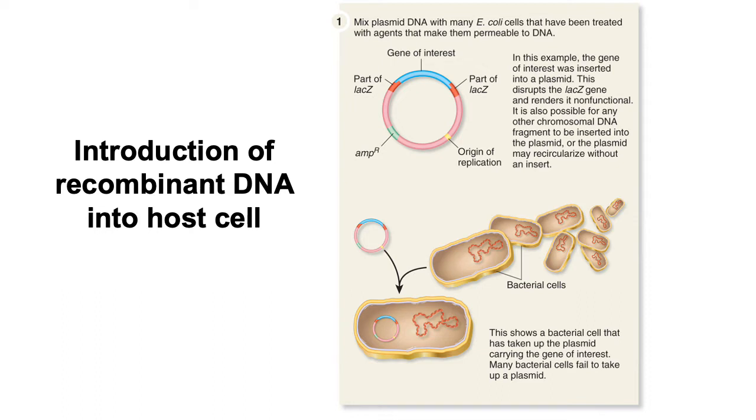And so we've taken this through the entire process. We've then cloned our gene of interest, and now that gene of interest can replicate in bacterial cells, and we can get lots of copies of that gene as we grow the bacteria. Or if we want instead to have lots of protein being made from that gene, we can engineer it in such a way that as we grow the bacteria, we get lots and lots of the protein that's being encoded by that gene.